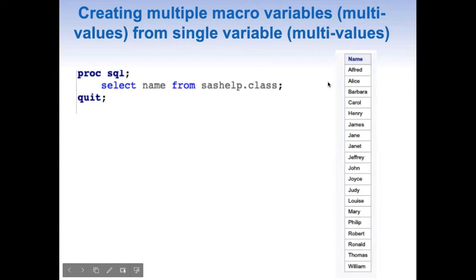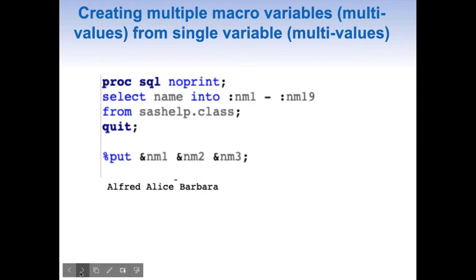If you see the values here, my first macro variable is nm1, and it has a value of Alfred. My second macro variable name is nm2, with the value Alice, nm3 will have Barbara, nm4 will have Carol, and so on.